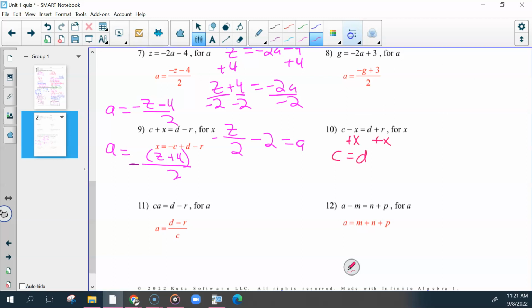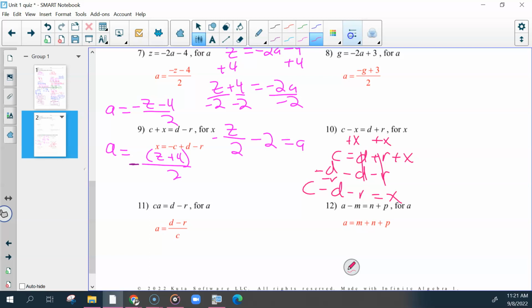At first, that doesn't really do anything. It doesn't get X by itself. But then I could move D and R. So I'd have C minus D minus R equals X. So you get the same thing either way. It's just how you wish to do it.